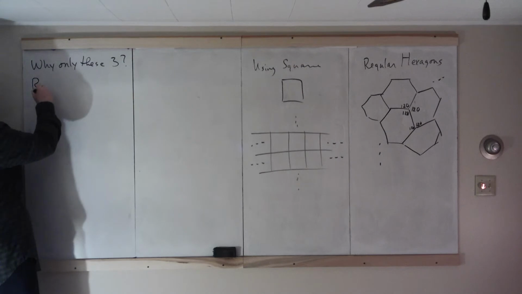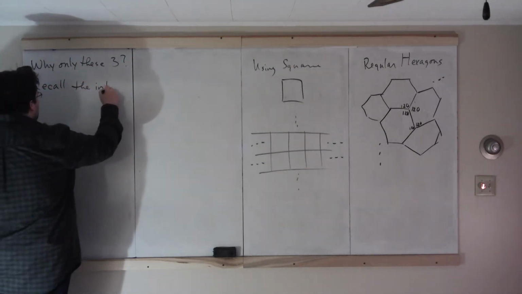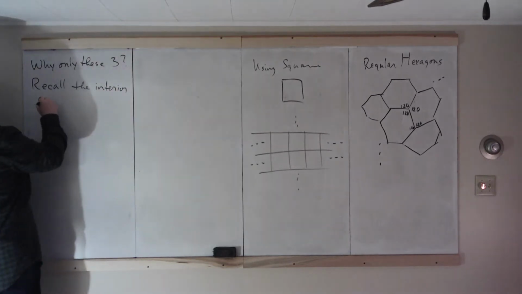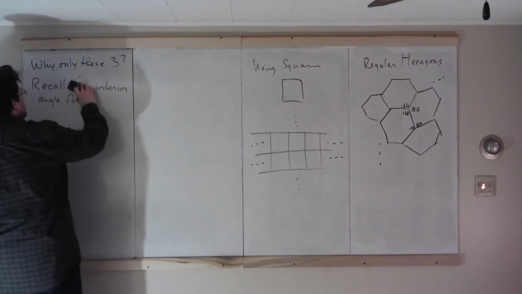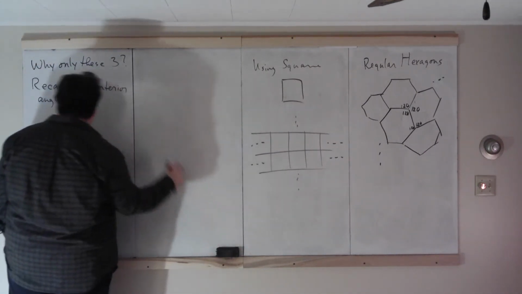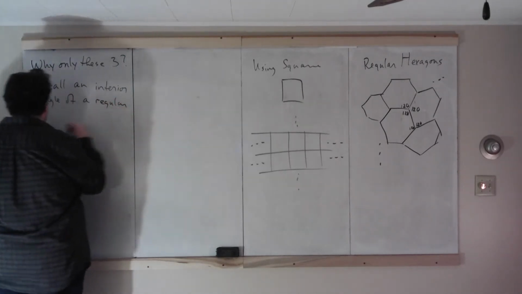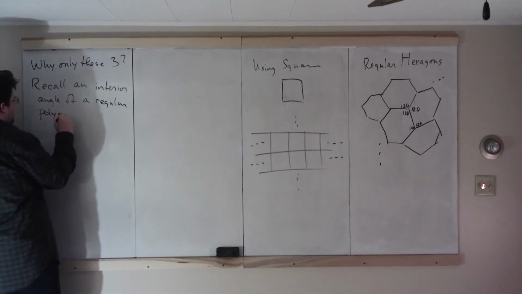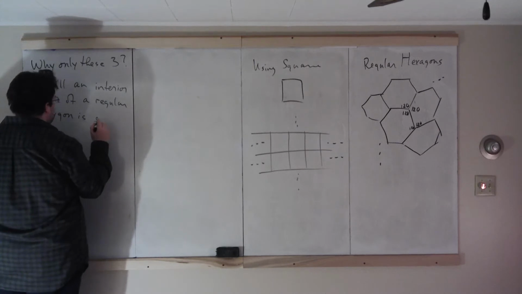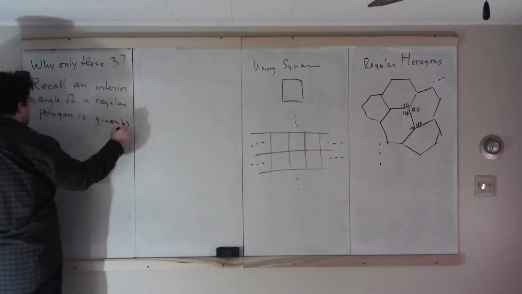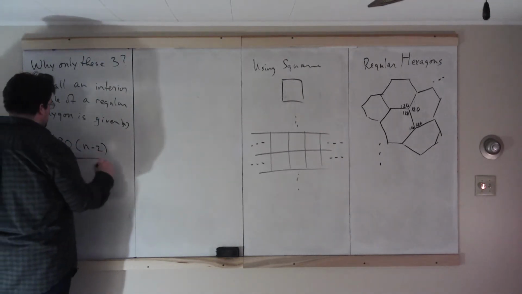Well, to explain this, we're going to first recall something from geometry. The interior angle of, maybe I should say an interior angle of a regular polygon, the measure of an interior angle, is given by 180 times n minus 2 over n.